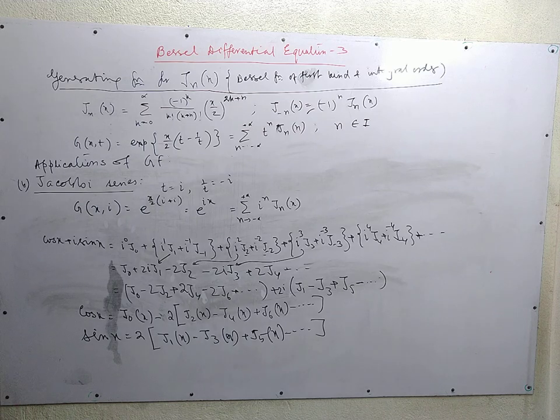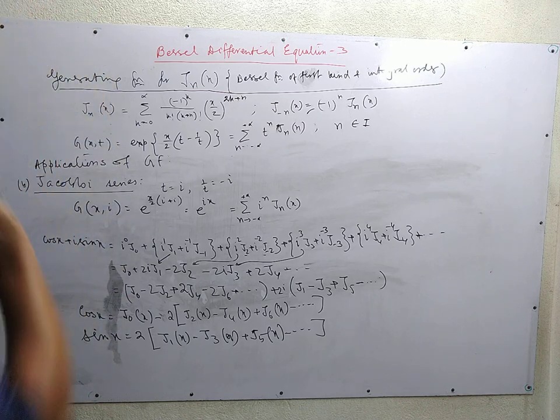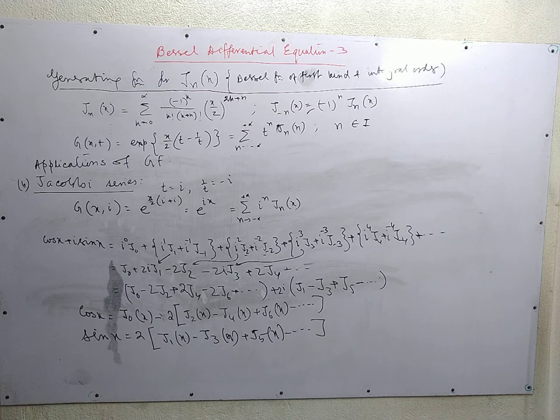As the third example of the generating function, we shall derive recurrence relations. Before going to recurrence relations, I want to point out that there are other versions of Jacobi series in connection with the Bessel function available in texts.